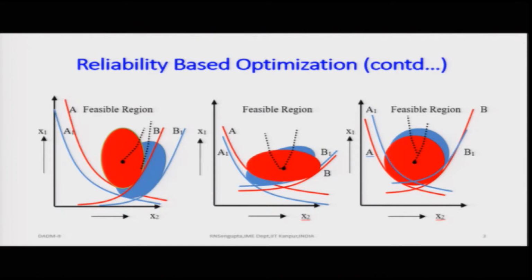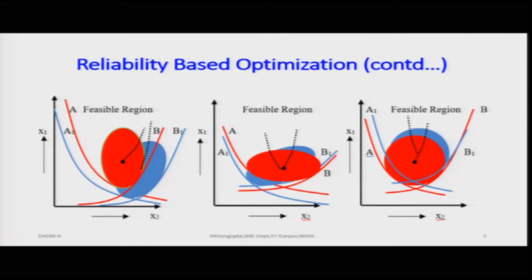Now, consider that the value of the reliability decreases or increases, whichever direction. That will basically only shrink the space, that means the feasible space shrinks, because the feasible region is marked out here.